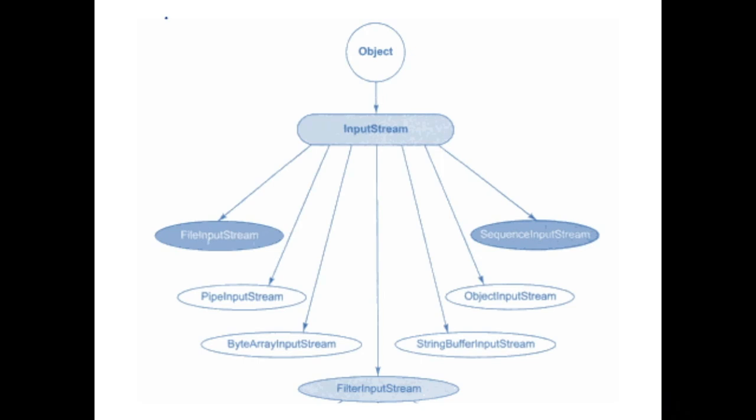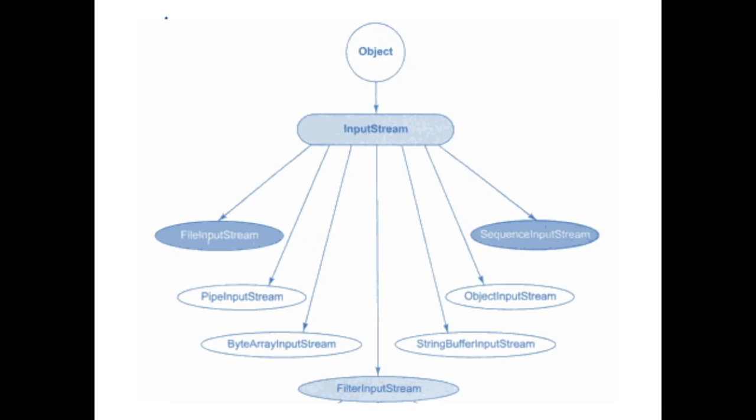So therefore Java provides two kinds of byte streams, one is the input stream and one is the output stream. Now we are going to discuss the input stream for a while. Input stream classes that are used to read 8-bit bytes include a superclass known as the input stream, and a number of subclasses for supporting various input output functions.